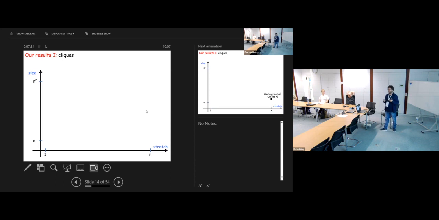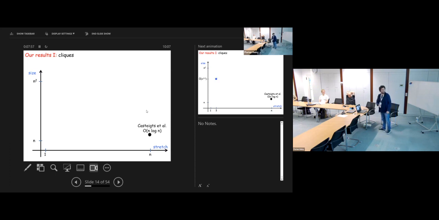We want to understand, for temporal cliques, which kind of stretch trade-offs can be obtained. Any trade-off can be seen as a point in a plane where the x coordinate represents the stretch and the y coordinate represents the size of the spanner.